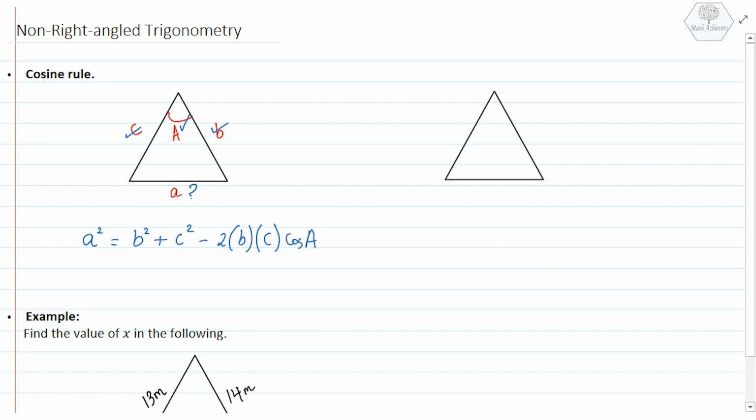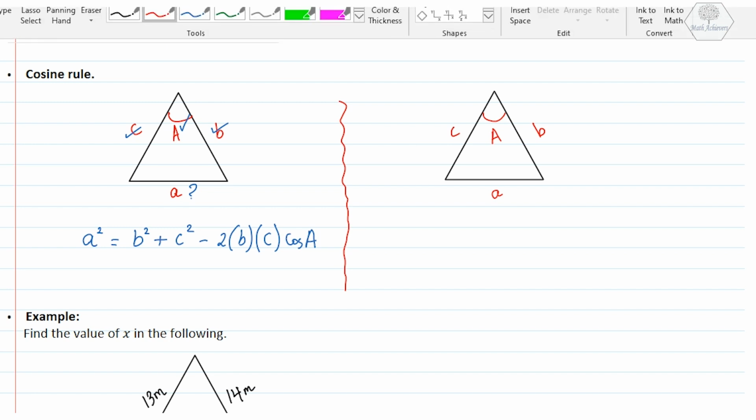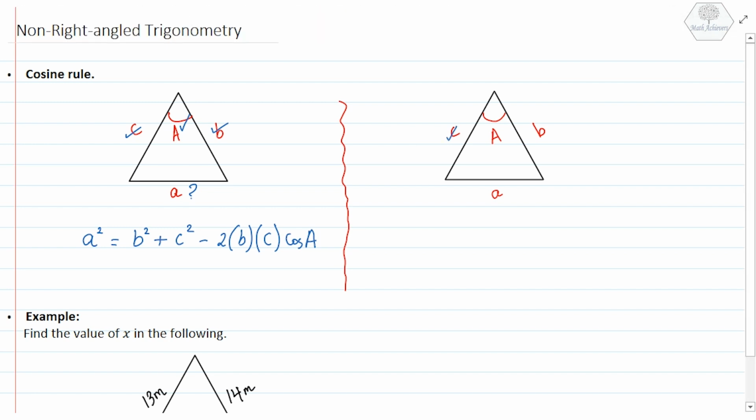This is for finding an unknown side in the cosine rule. Now, if I have the cosine rule again, this is angle capital A, and these are sides a, b, and c. In this case I do have all the sides, but the angle is unknown.